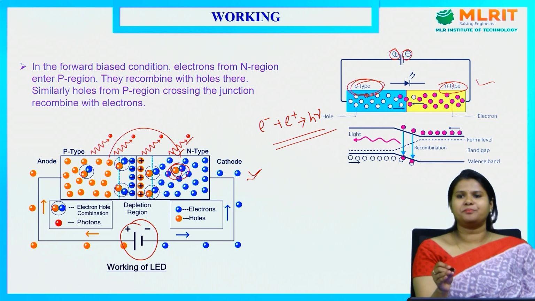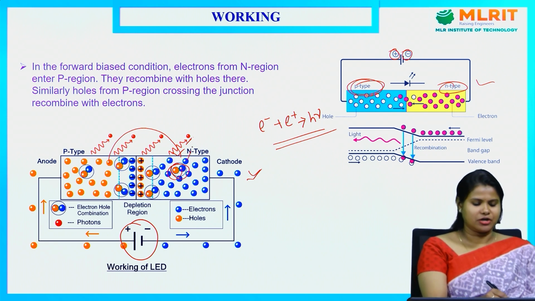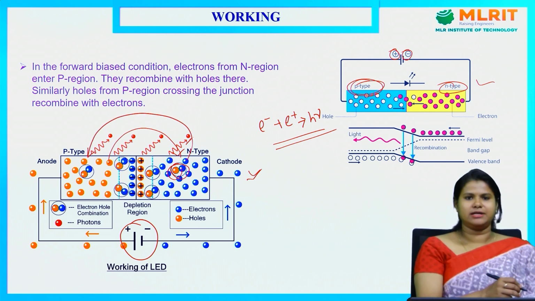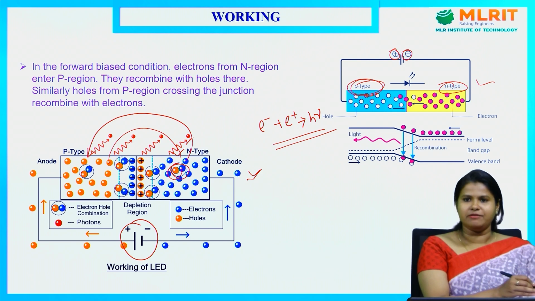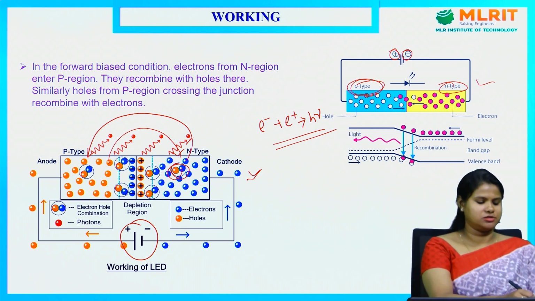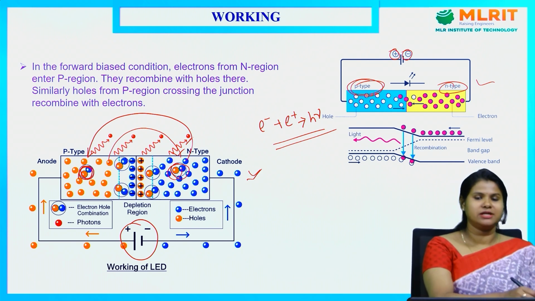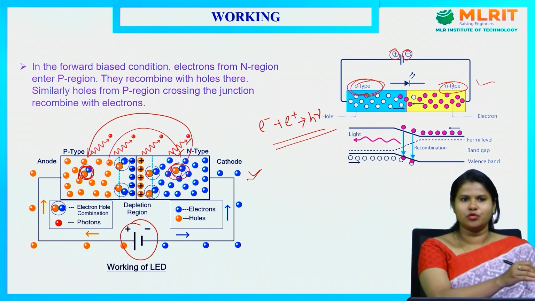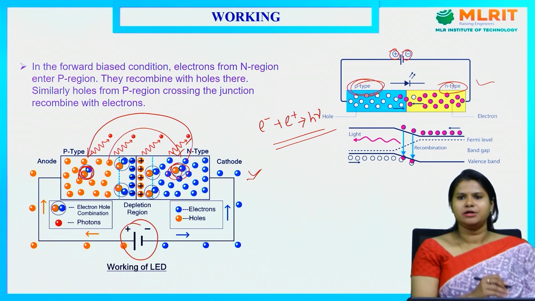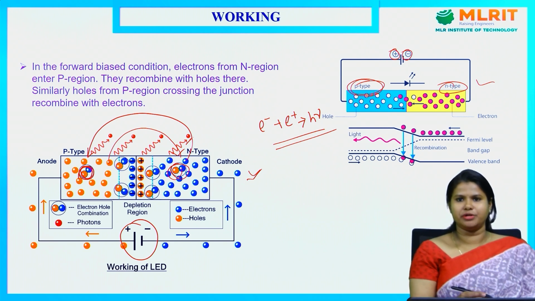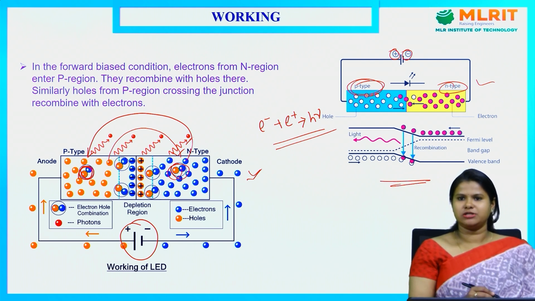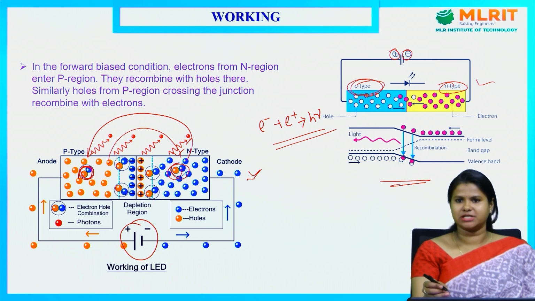The same process happens when electrons from the N type enter the P type through the junction. There also the electron hole pair will be recombined and photons of energy h nu will be produced. This is the band gap diagram of this PN junction, that means the forward biased PN junction, which is nothing but the LED.